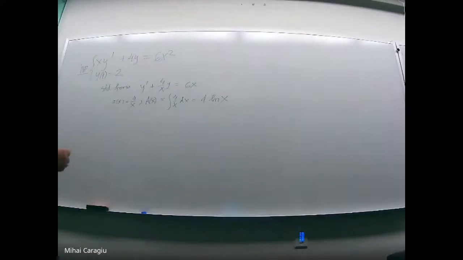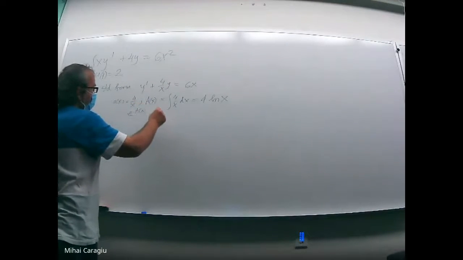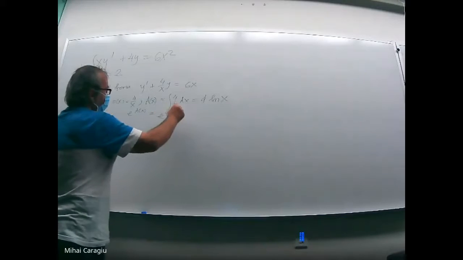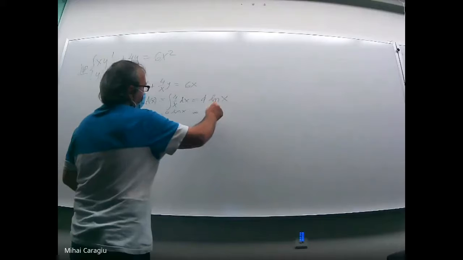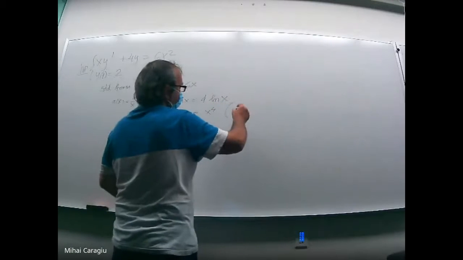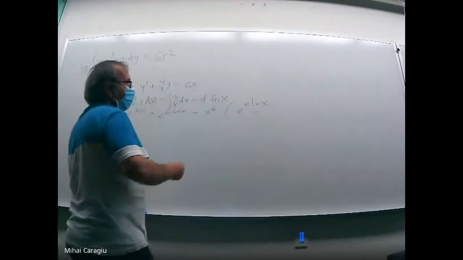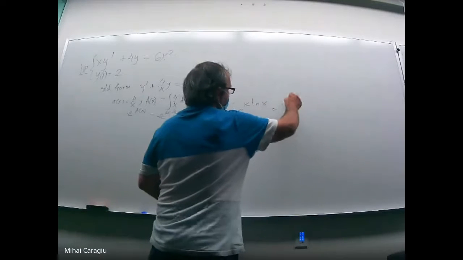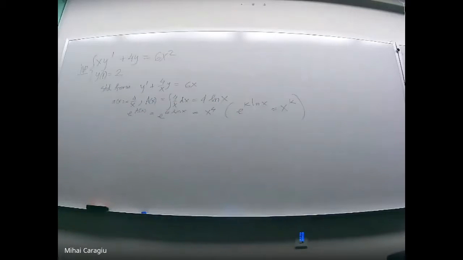Then the integrating factor e to the power big A of x will be e to the power 4 log x, and this will be x to the power 4, according to the general formula e to the power 3 log x, good to keep it in mind, equals x to the power 3. So the integrating factor is x to the power 4.